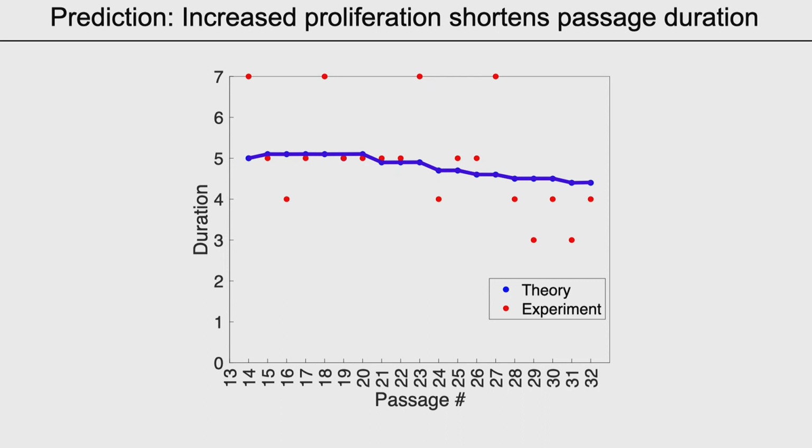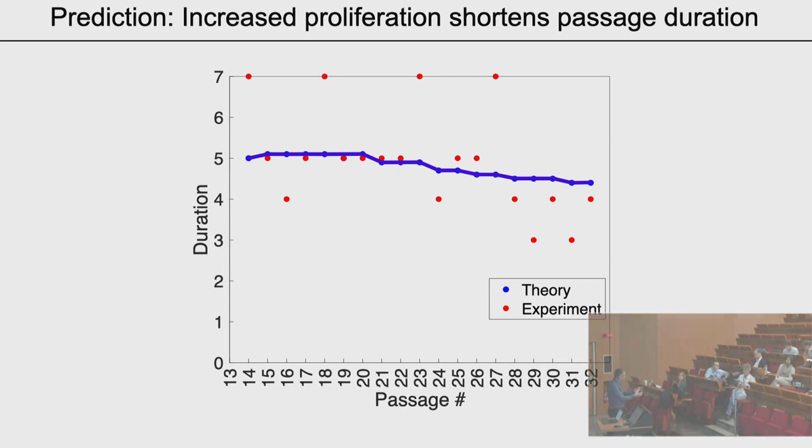Because of the method. Because of the method, they do passages once per day. So they grow these cells, and when they grow enough, then they do passages, and they just consider the moment when they actually did. They make a measurement every one day. Yes, that's an inaccuracy in the measurement.